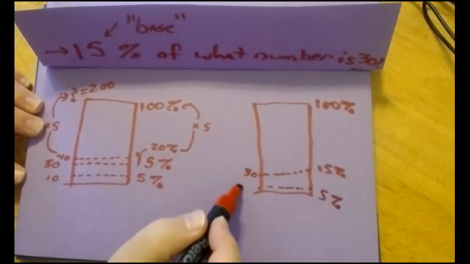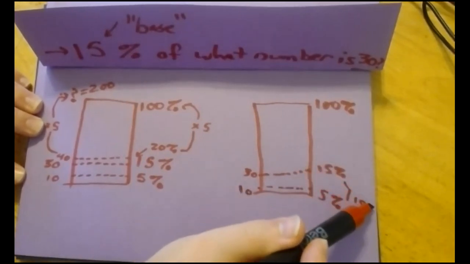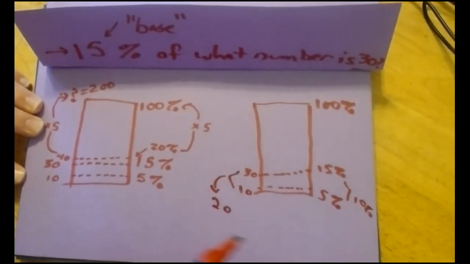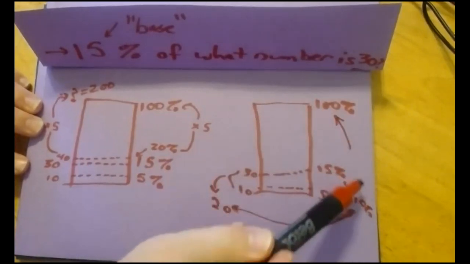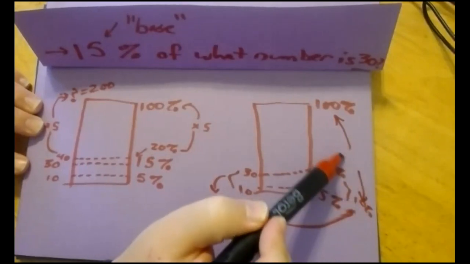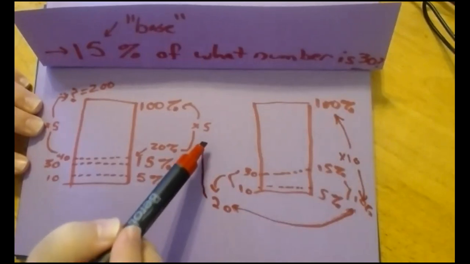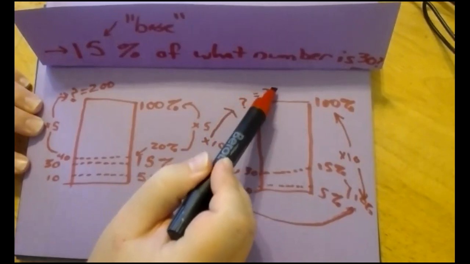But if we know that 5% is 10 and we subtract, we get 10%, right? So if we subtract these, we get 20, meaning that 10% is the same as 20. And if 10% is the same as 20, then I can relate 100 and 10 by doing times 10, right? So let's do 20 times 10. And that's what you're looking at, 200 there again.